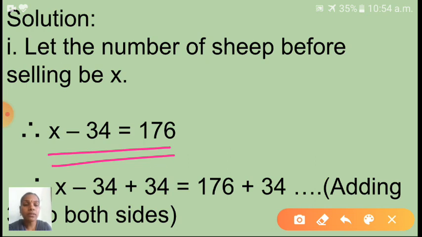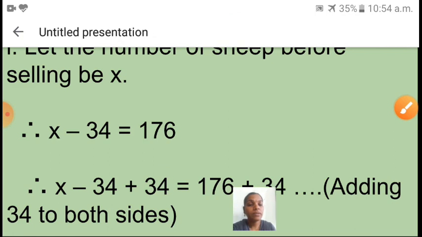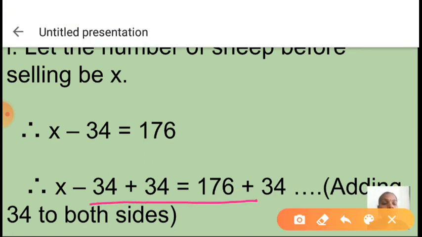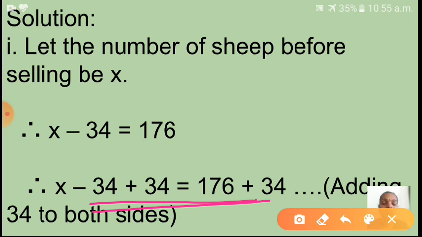So X minus 34 is equal to 176. On both sides you have to add 34. Isn't it children? Then only we can find the X value. So X minus 34 plus 34 is equal to 176 plus 34.